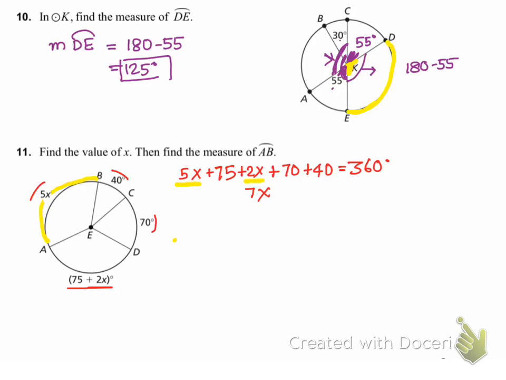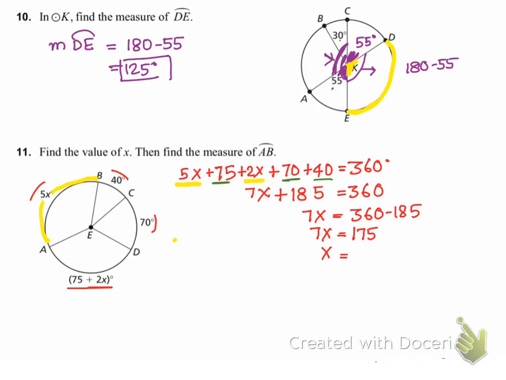Then combine the other like terms, 75, 70 and 40. When you add them, you get 185. That equals 360. Then subtract 185 from both sides, so 7x equals 360 minus 185, which is 175. Divide by 7 on both sides. x is 25. That's your value of x.